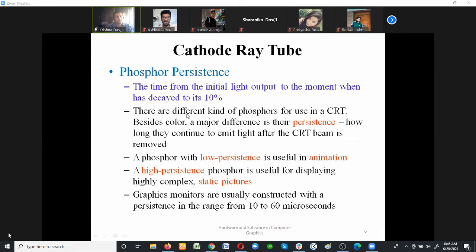A measure of time, of phosphor. Consider, look, this is definitely a characteristic of phosphor that we are talking about.